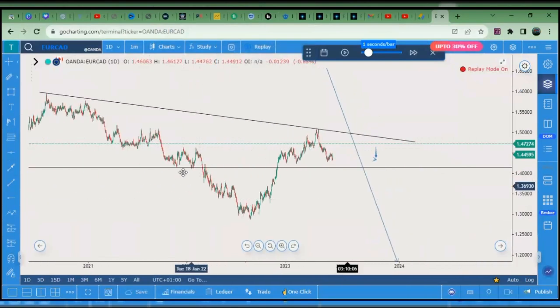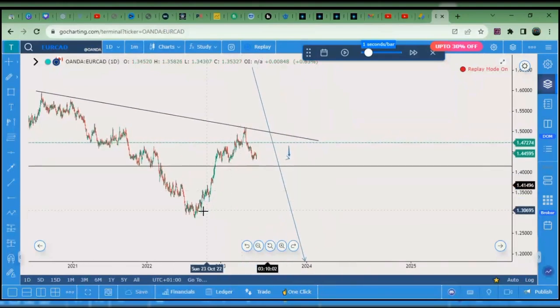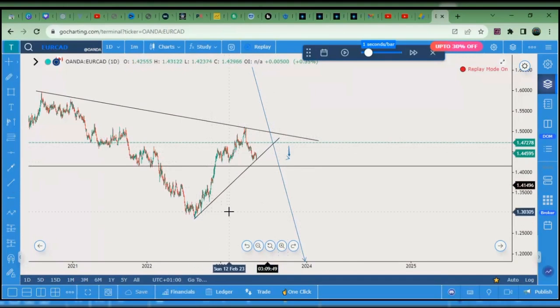Okay, so right now in the daily time frame, if we want to view from here to here, what is happening just between this space, you would say to yourself that it's an uptrend. So you want to look for buying opportunities.